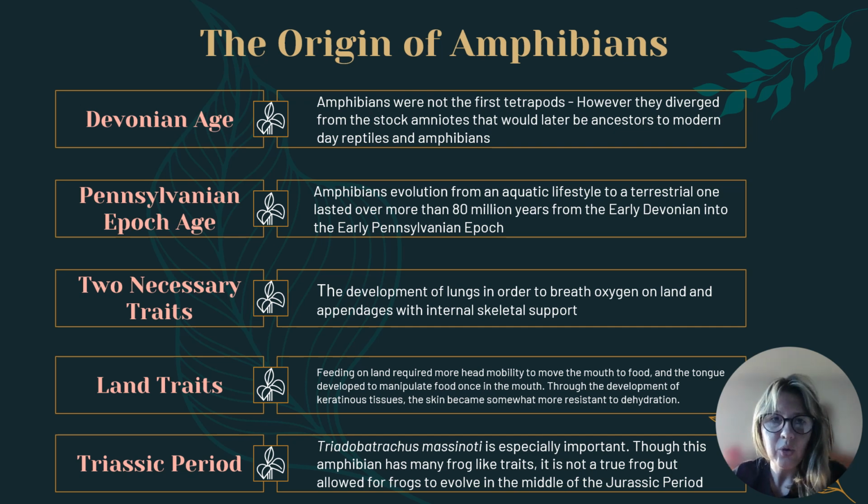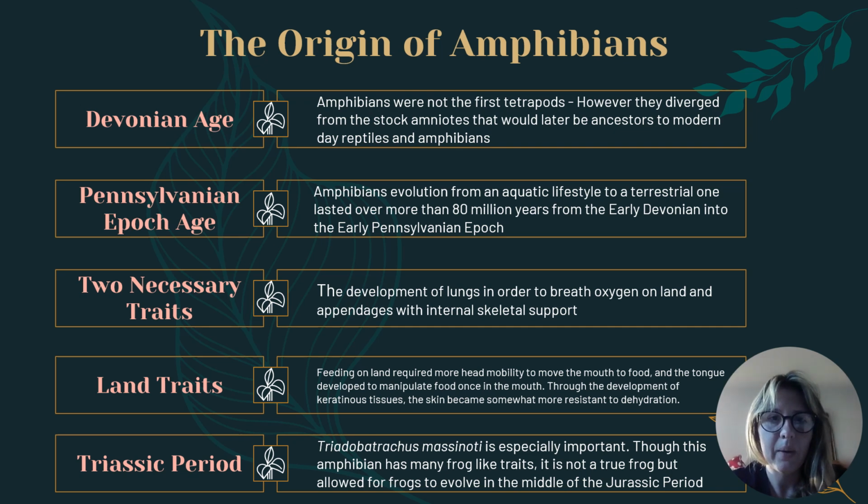The 2 necessary traits that allowed for that were the development of lungs in order to breathe oxygen and air on land, as well as the appendages from their internal skeleton support. They were not meant to support their whole body, however, they were able to support parts of their mass during times as they were walking.